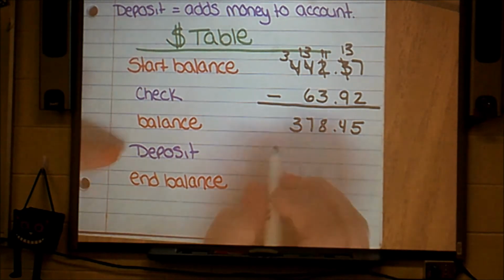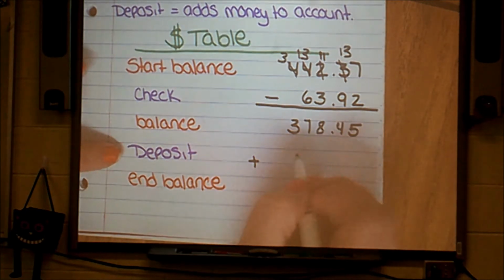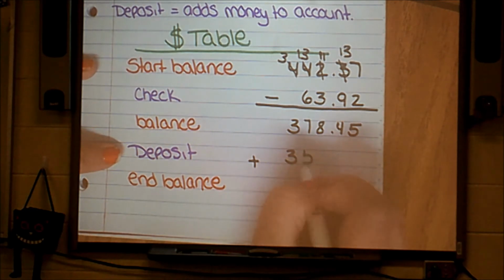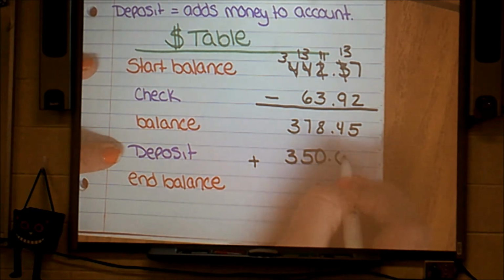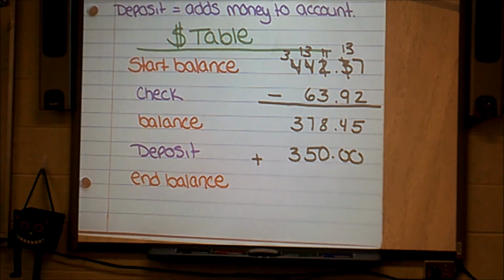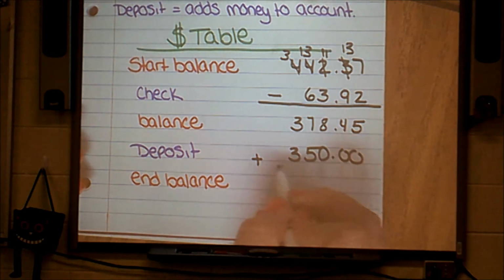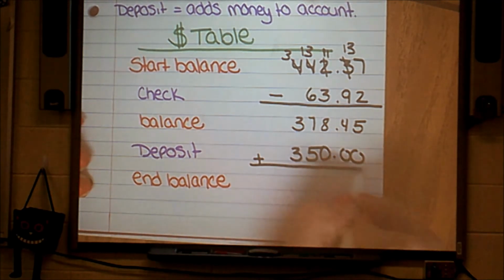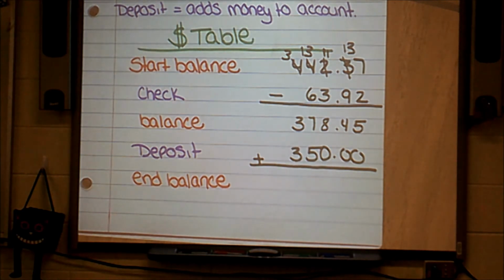So I'm going to make an addition of $350, being sure to line up my decimal. When I add that in, I will find out my end balance for the month.